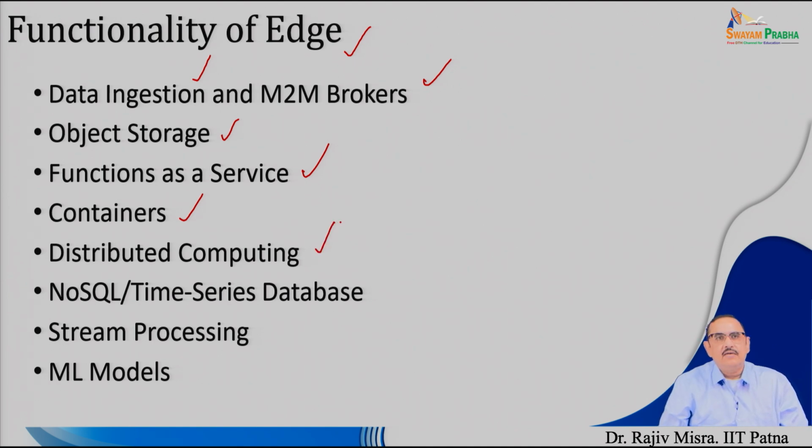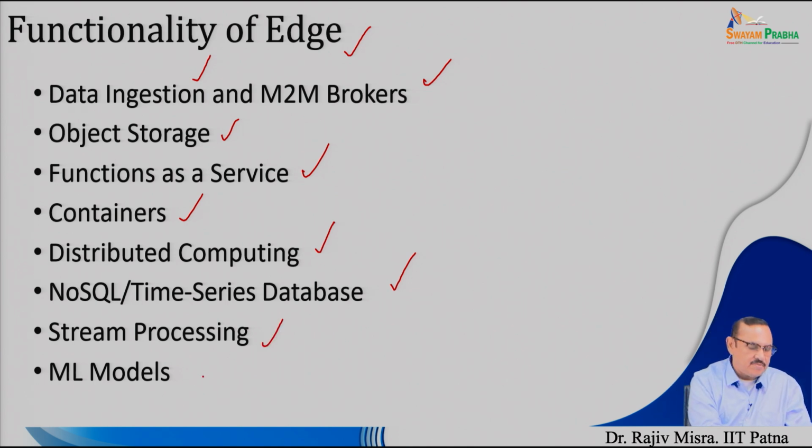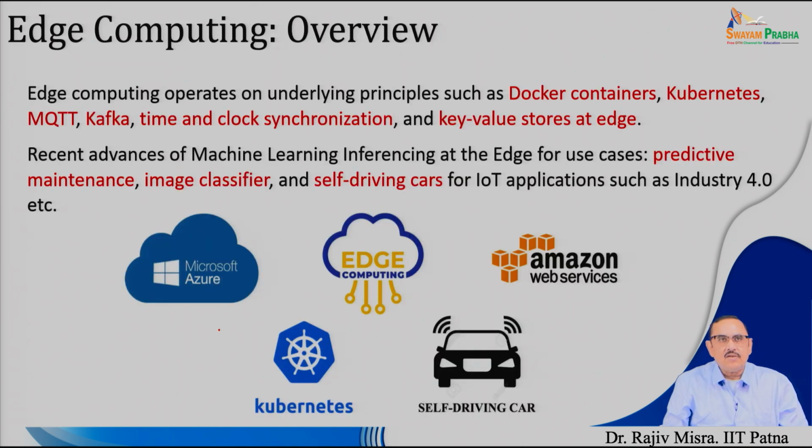Edge computing also has to enable distributed computing principles like cloud computing, and you know that NoSQL databases, used for time series databases implemented in the cloud, also have to be there with edge computing. Similarly, stream processing and machine learning models, some of them. So, these are some of the functionalities which edge computing should have.